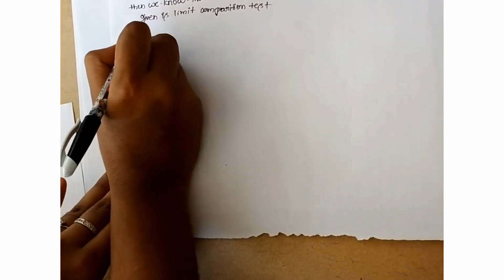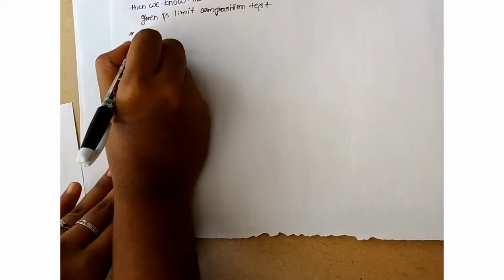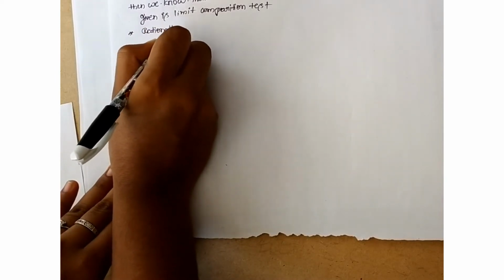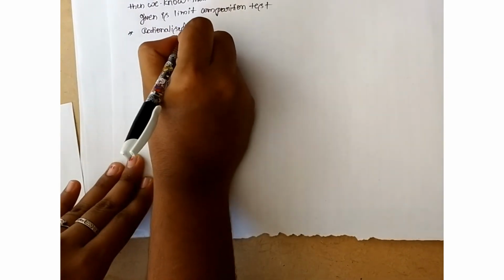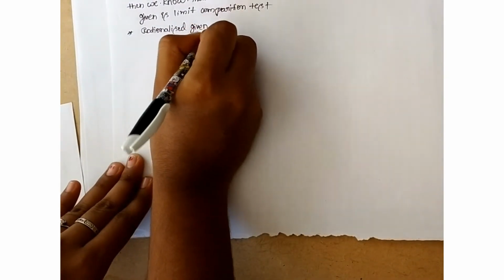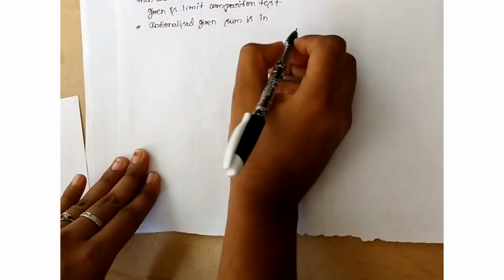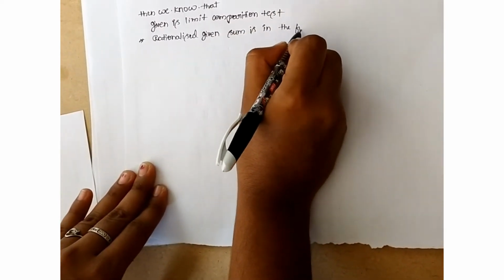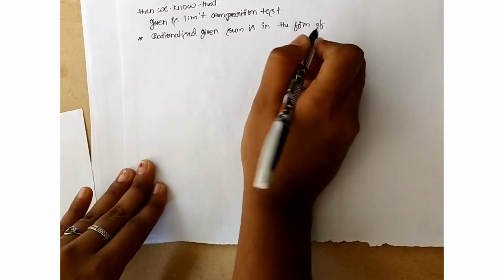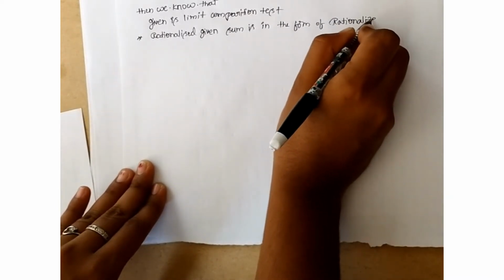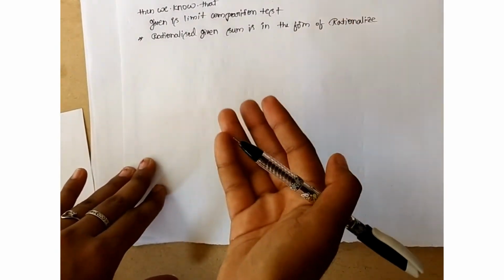I am telling you one point: the given sum is in the form of rationalize, rationalize it. Then the sum is the limit comparison test.